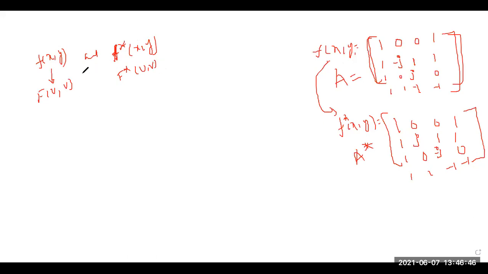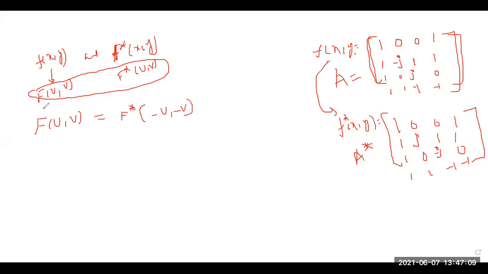Then what will be the relation between these two? Yes or no? The relation is f star of uv, the conjugate, is equal to f of minus u and minus v. Fine. This is the equation that holds for conjugate.